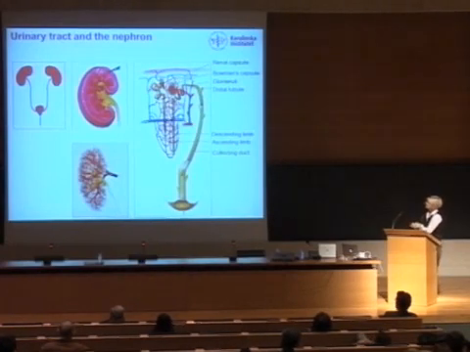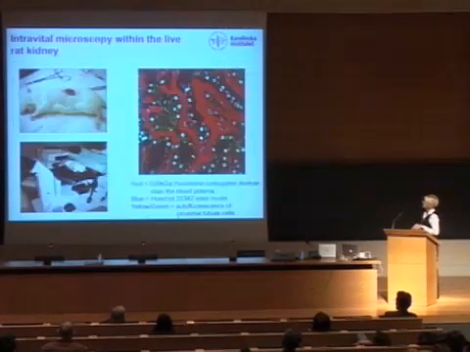Now, the kidney is extremely well vascularized. That means that in close proximity to these epithelial linings, we have lots of peritubular capillaries. In order to image this in real time on the microscope, we're using a rat model where we can exteriorize the kidney so that it is still connected to all the blood flow. We just put it on the outside of the skin.